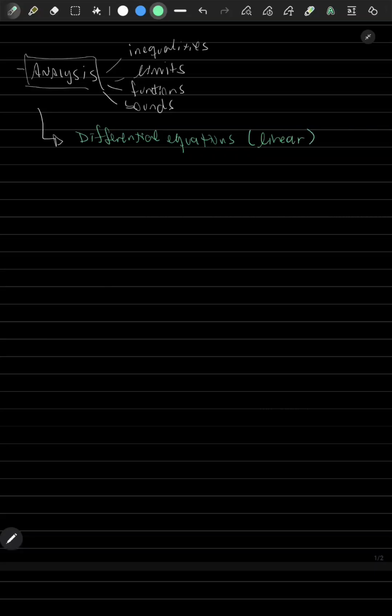So a differential equation is something that looks like, maybe for those that are familiar with a derivative, something like this maybe, where f is a function, g is a function, and we are given g, and we would like to find f. So we'd like to find a function that satisfies an equation that has to do with its own derivatives. So that's a differential equation.